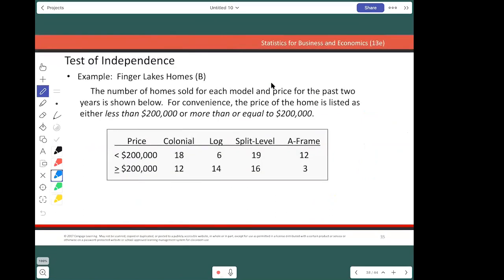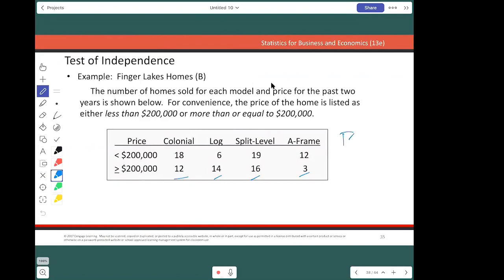We're taking the number of homes sold for each style and price in the past 2 years as shown. We're looking at 2 different price categories: less than 200,000 and greater than 200,000. 18 colonial homes sold under 200,000, 6 log homes, 19 split levels, 12 A-frames, and then over 200,000, 12, 14, 16. So those are our observed frequencies.